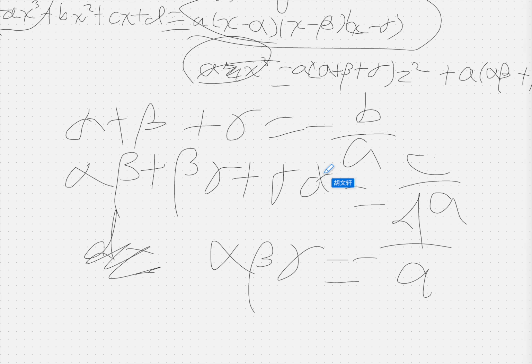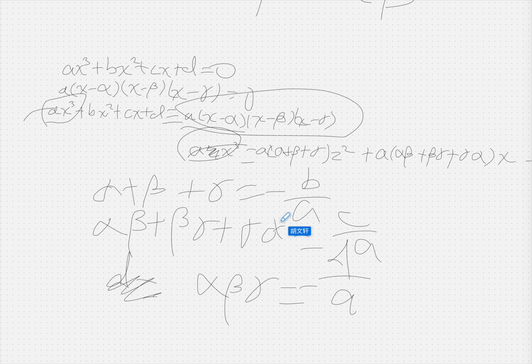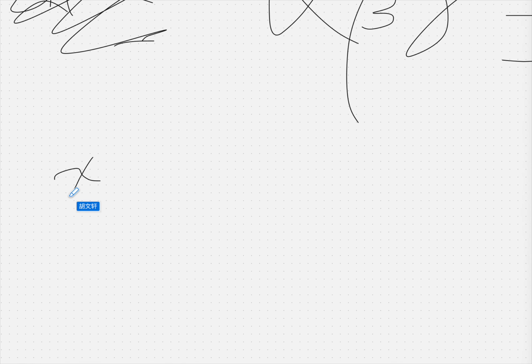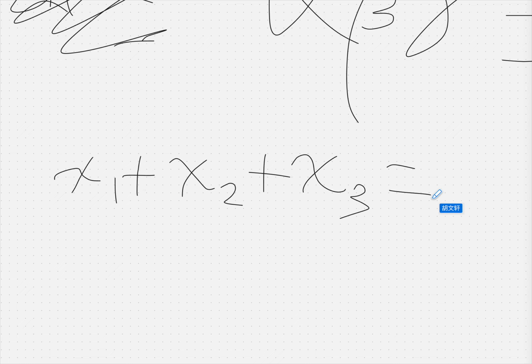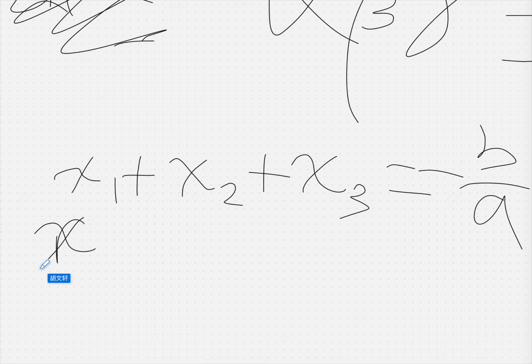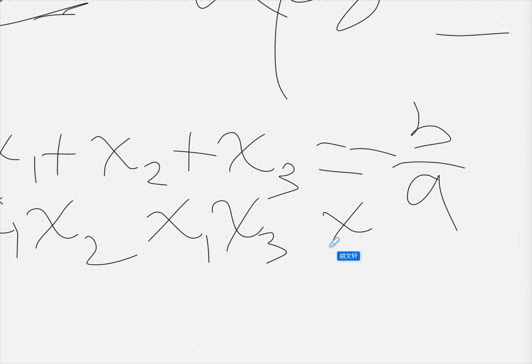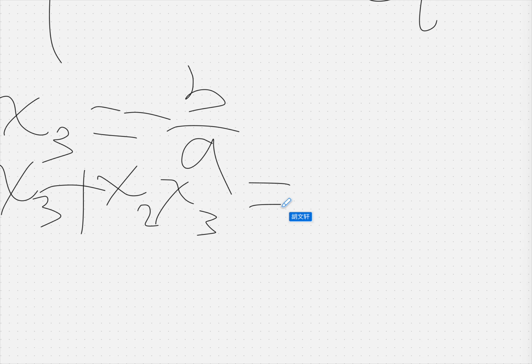Your alpha, beta, gamma, because they make the polynomial equal to 0, we know that they're the three roots. So your first root x1 plus x2 plus x3 equals negative b over a. Then your first root multiplied by your second root, plus the first root multiplied by the third, plus the second root multiplied by the third, sums to c over a.